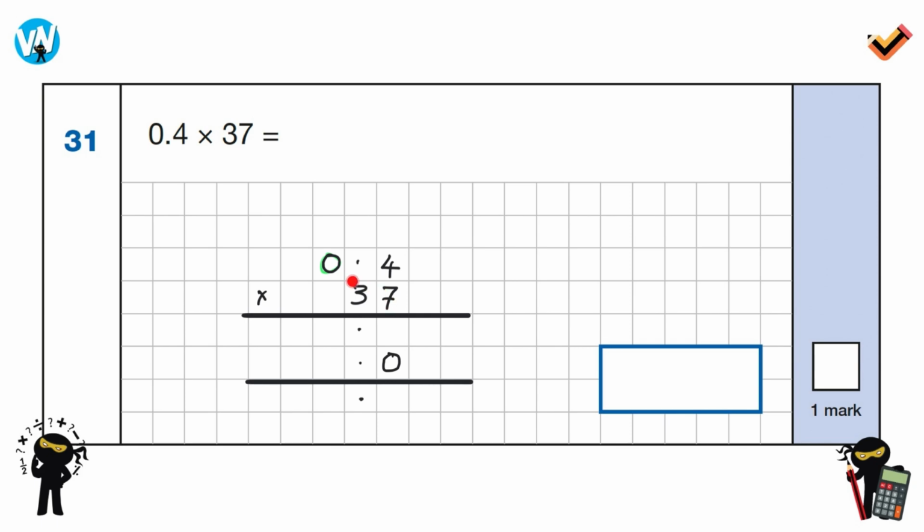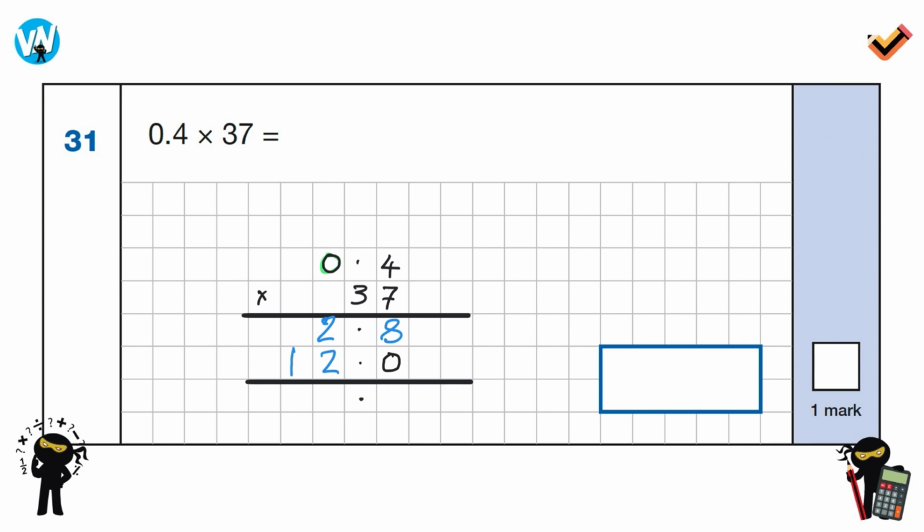I'm going to do 7 times 4, 7 times 0, 3 times 4, 3 times 0. So 7 times 4 is 28. Carry the 2. 7 times 0 is 0. Add the 2 is 2. 3 times 4 is 12. Carry the 1. 3 times 0 is 0. Add the 1. So again, very simple.